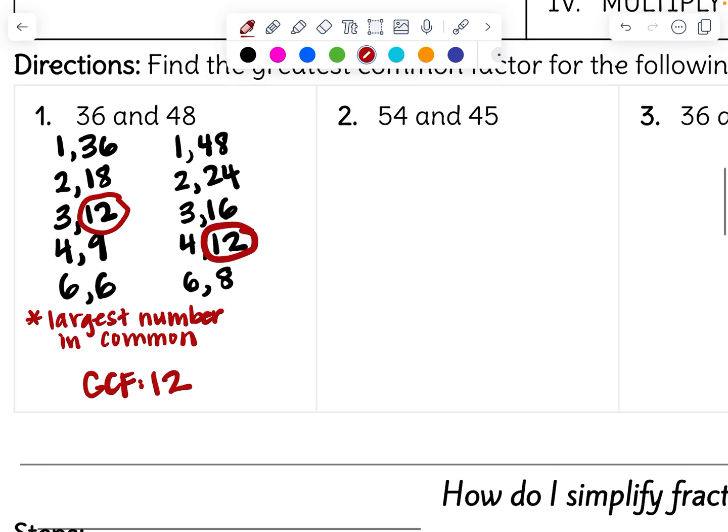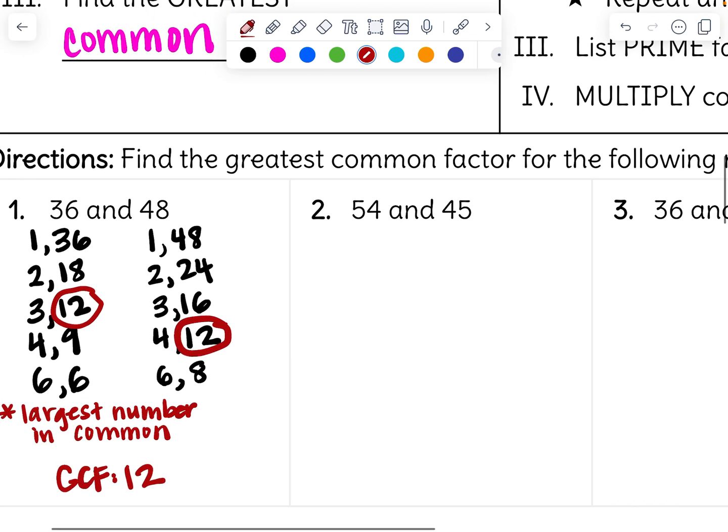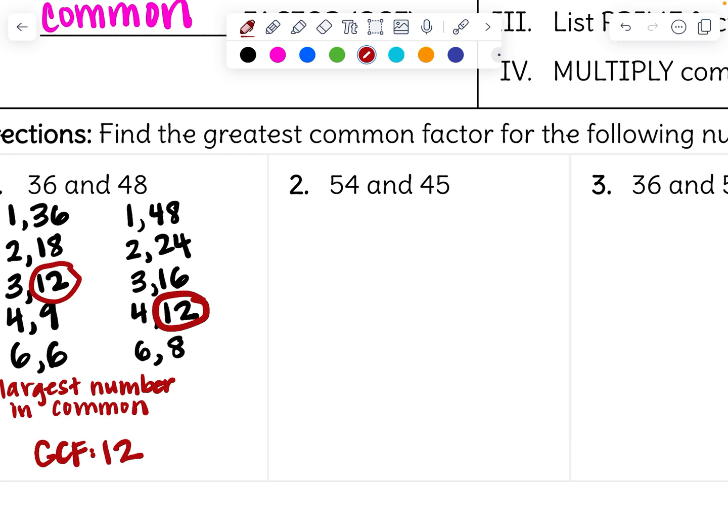Let's look at number 2 using the same method. 54 and 45. So I'm going to list the pairs of factors that I can multiply to get 54. 1 and 54. 54 divided by 2 is 27. 54 divided by 3 is 18. 54 divided by 4 gives you a decimal, so we're not going to list 4.